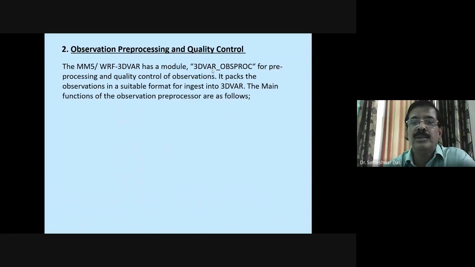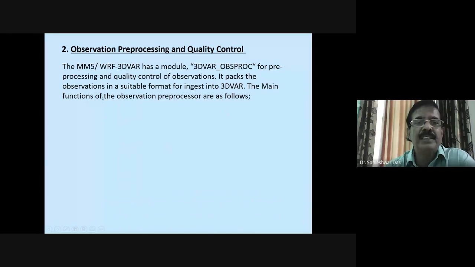And that is done through this 3D VAR OBSPROC, that is, the observation processor. OBSPROC is a short form of observation processor for pre-processing and quality control of observations. It packs the observations in a suitable format for ingest into 3D VAR.